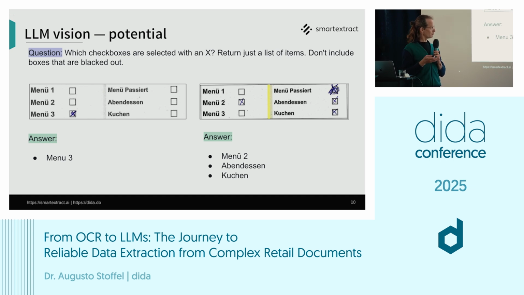A reasonably new feature in this area is LLMs that can also understand images. The way it works is that you supply some question as text and then you can include some images.